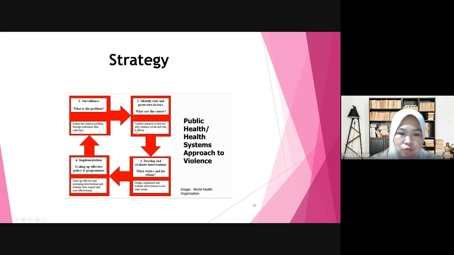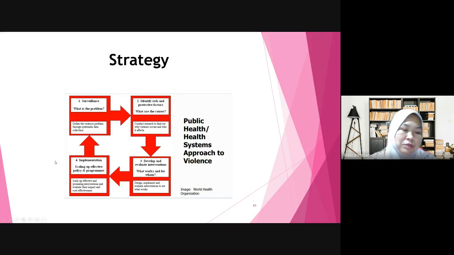We conduct research to find out why violence occurs and who is affected. The third strategy is to develop and evaluate the intervention: what works and for whom. The healthcare system designs, implements, and also evaluates the strategy to assess its effectiveness.